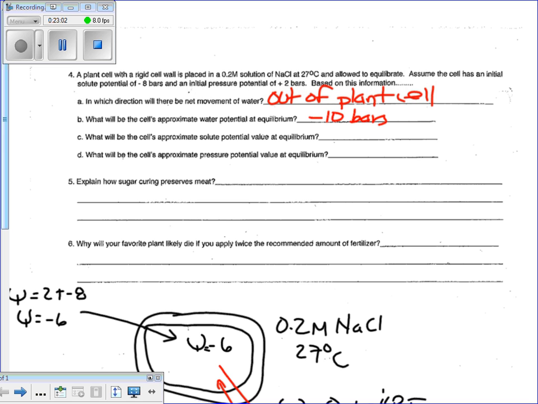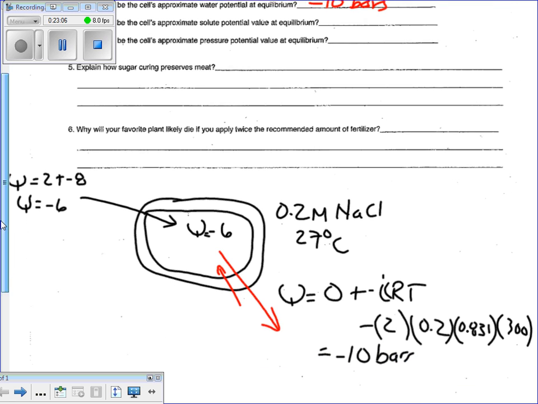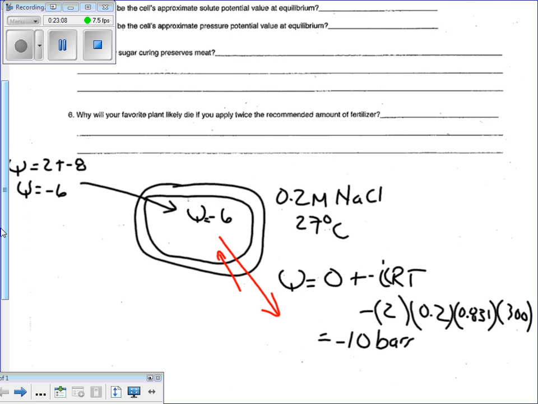Okay? So at equilibrium, what has to happen? Well, we're losing water. So what happens to pressure? It goes down.